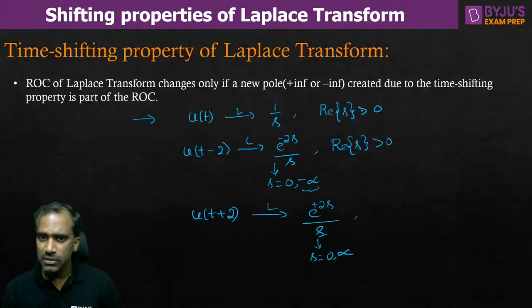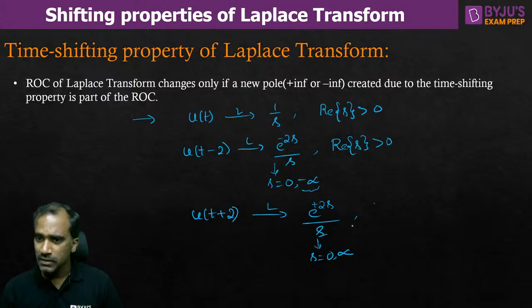See, this is the original signal for which you have applied the time shifting property. Now, is this new pole part of the ROC? Yes, it is part of the ROC. Infinity is part of this, no? So the ROC should not include the poles. So let's change the ROC so that it will not include this new pole. So what will the ROC be now?